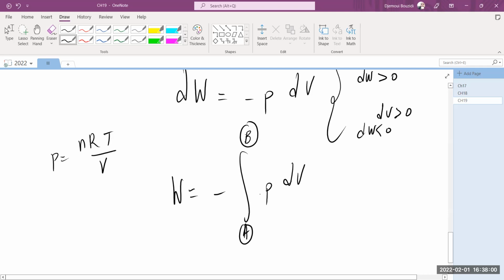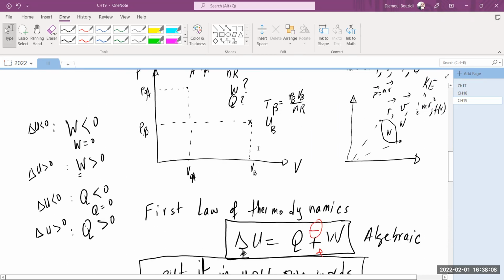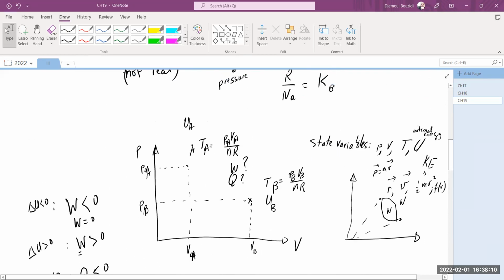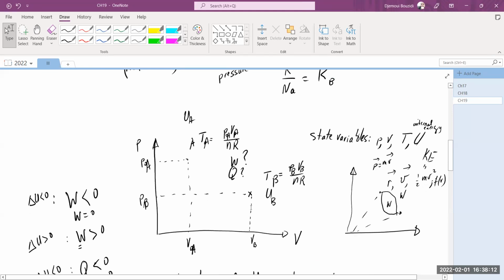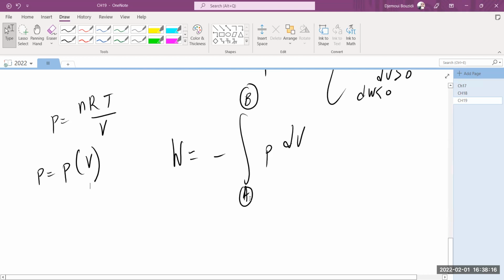P typically is a function of V in the PV diagram, so I cannot pull it out of the integral yet. That's how much work needs to be done for every process that you might think of.